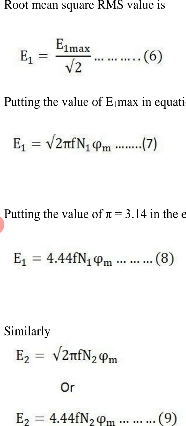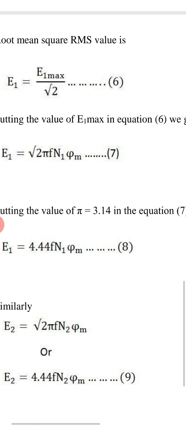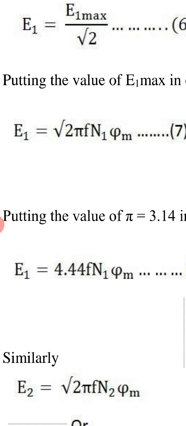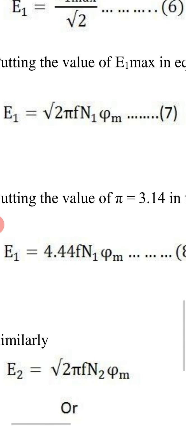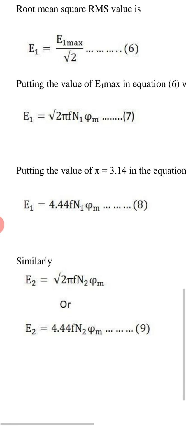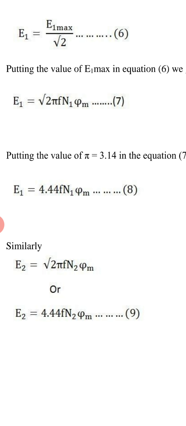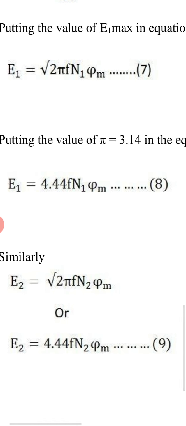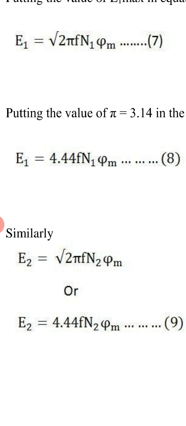Putting the maximum value in equation number 6, we get equation number 7, which is E1 is equal to root 2 pi f N1 phi m. Now putting the value of pi in equation number 7, we get equation number 8, that is 4.44 f N1 phi m.